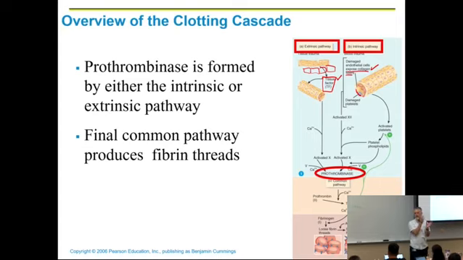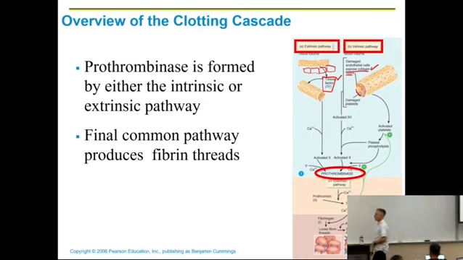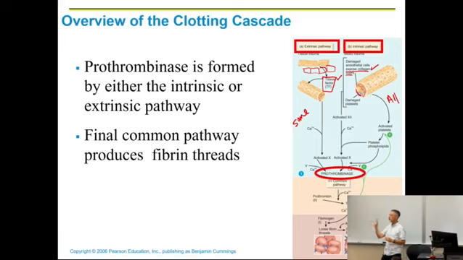There's like 13 of these, like dominoes. We don't have to know all that, okay? But what we do need to know is that the intrinsic pathway basically uses the entire domino cascade of all of these different clotting factors. So it uses all the clotting factors, and the extrinsic only uses some of the clotting factors. So the extrinsic is much faster compared to the intrinsic.